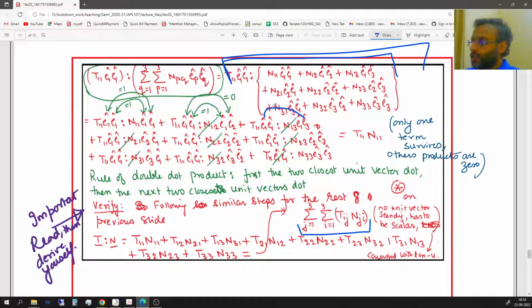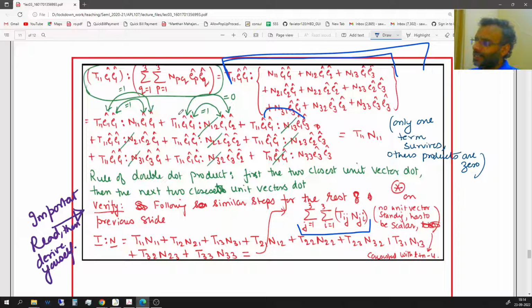That is not the story with all other terms. If you examine, for example, this term, here the first dot operation will be between e1 and e1, which is fine, which doesn't destroy this term. But then the rightmost unit vector of the left tensor, after the first dot product has been performed, will have to dot with the leftmost unit vector of the right tensor.